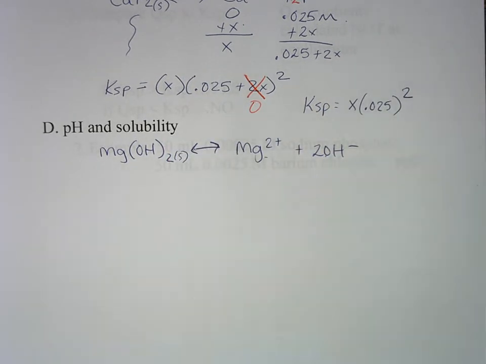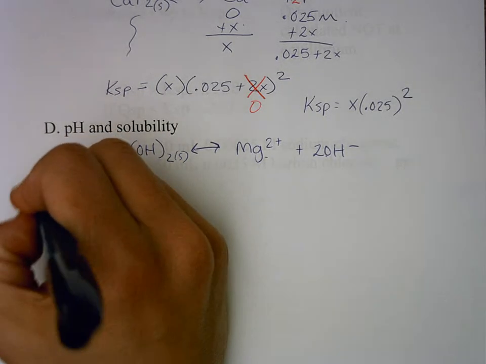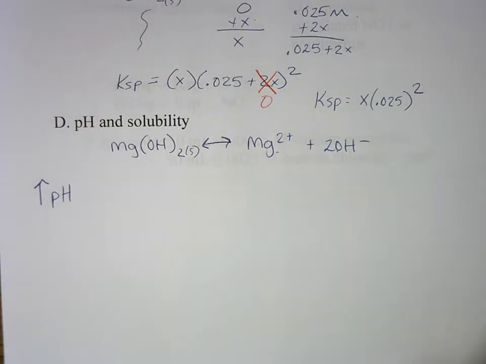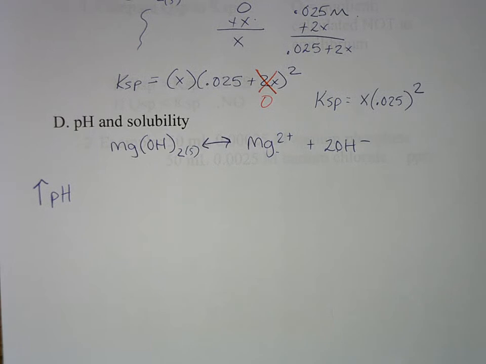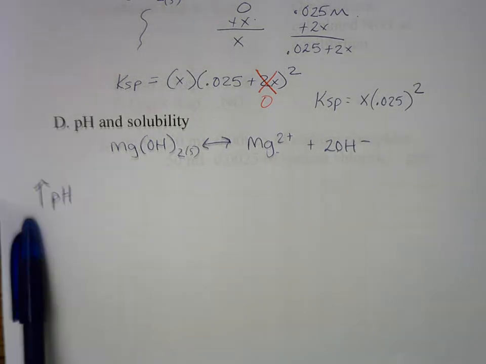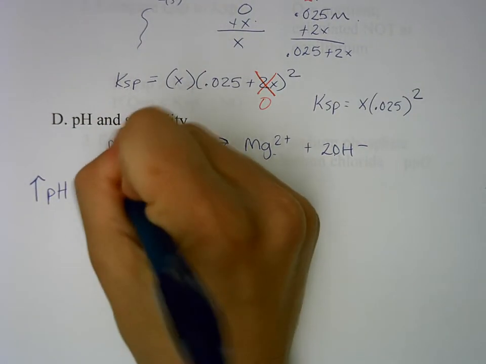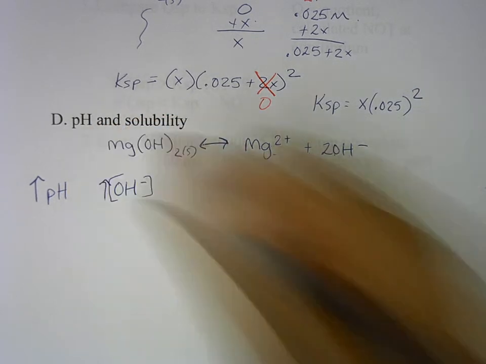You don't need to do any calculations here, but you need to know qualitatively what happens if you add something that increases the pH. Say I add sodium hydroxide to this solution. It becomes more basic, so the pH goes up. Since this is an equilibrium, if I increase the pH, I'm increasing the hydroxide ion concentration.